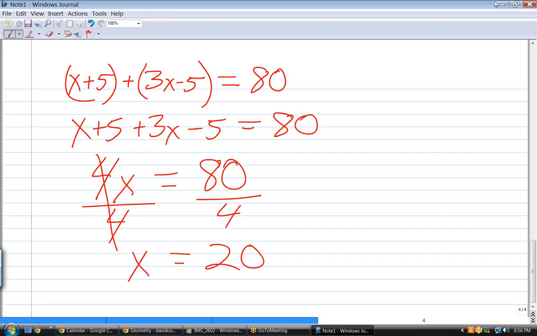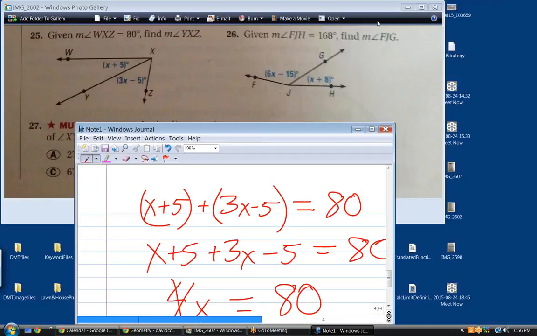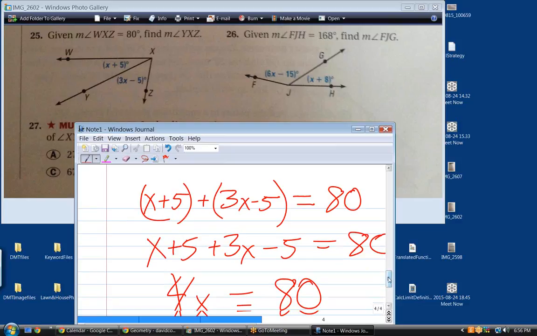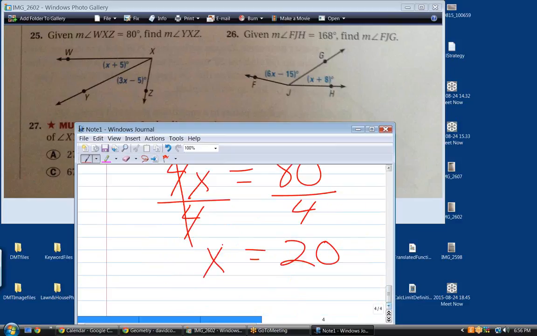Okay, but notice we solved for x, and they want to find y, x, z, so they want to know what 3x minus 5 is. Well, what's 3x minus 5 if x is 20?